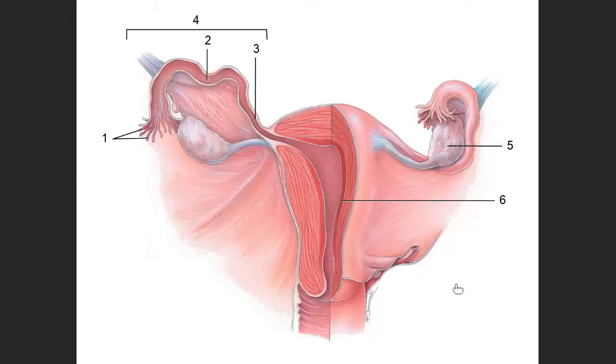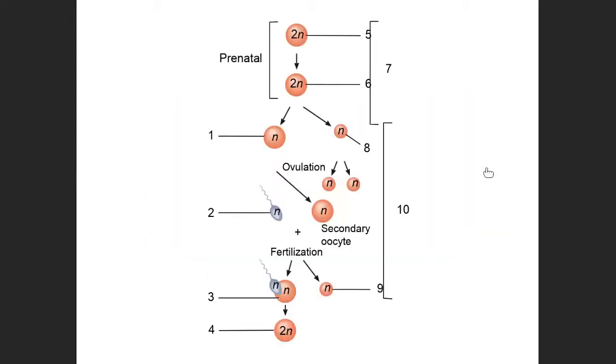We talked about this picture. In this picture, you can see oogenesis. Some parts of oogenesis happen before birth. It's perinatal. You can see oogonium. It does mitotic division and then makes primary oocyte.